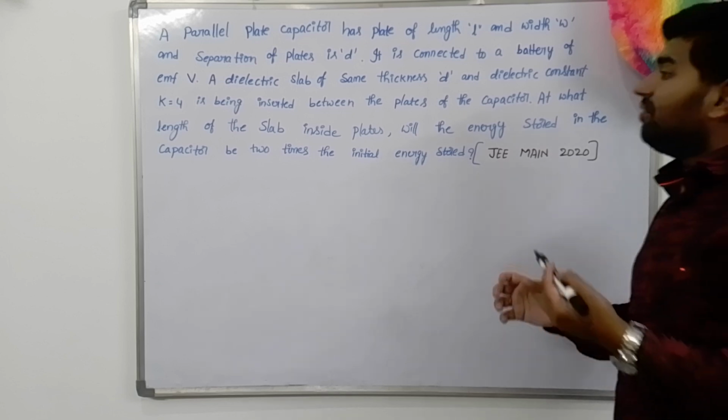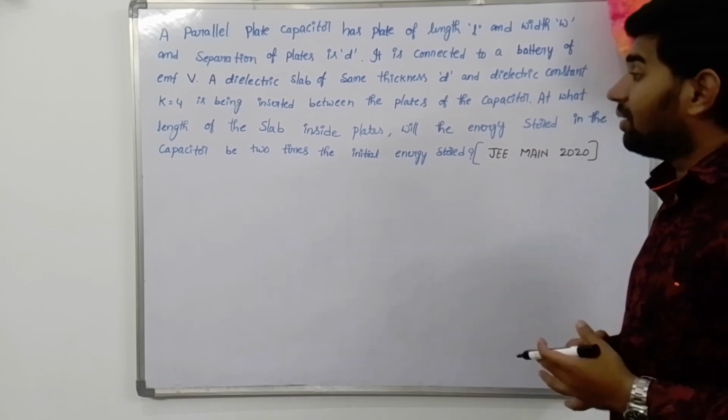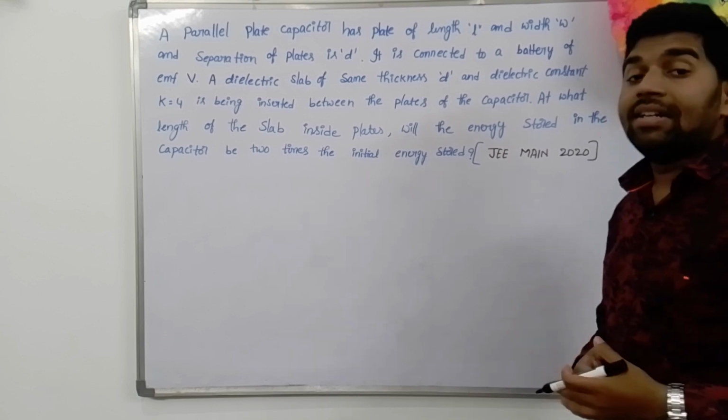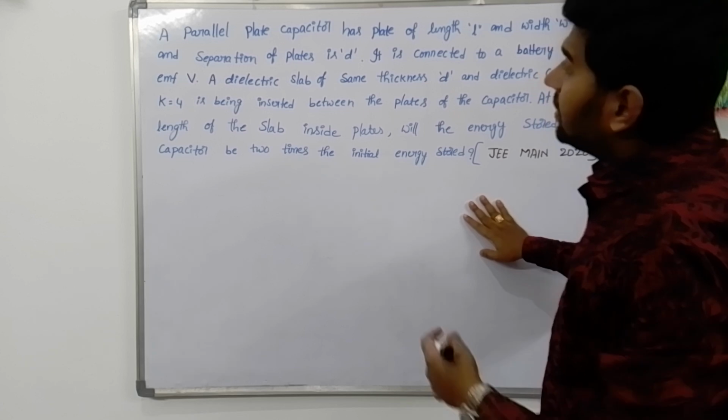At what length of the slab inside the plates will the energy stored in the capacitor be 2 times the initial energy stored? Now we have to solve it step by step.